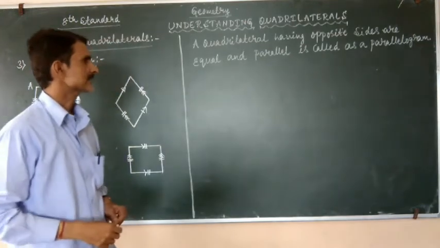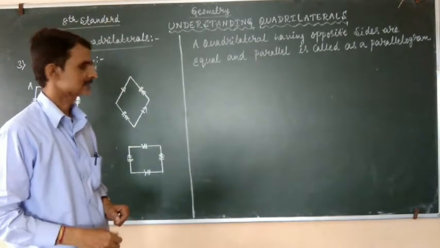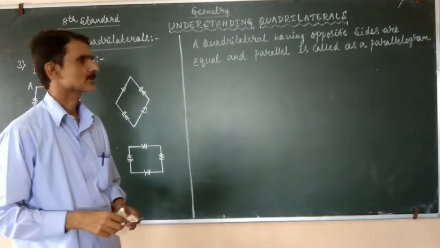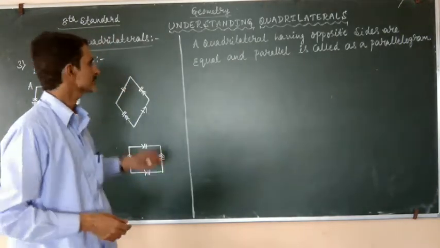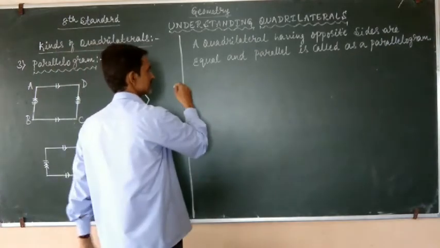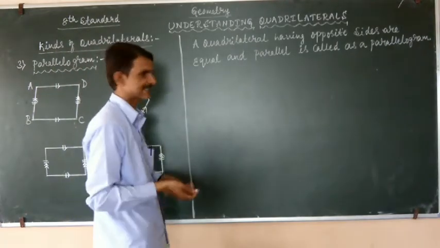A quadrilateral having opposite sides equal and parallel is called a parallelogram. So in the figure, we will study the parallelogram in detail.